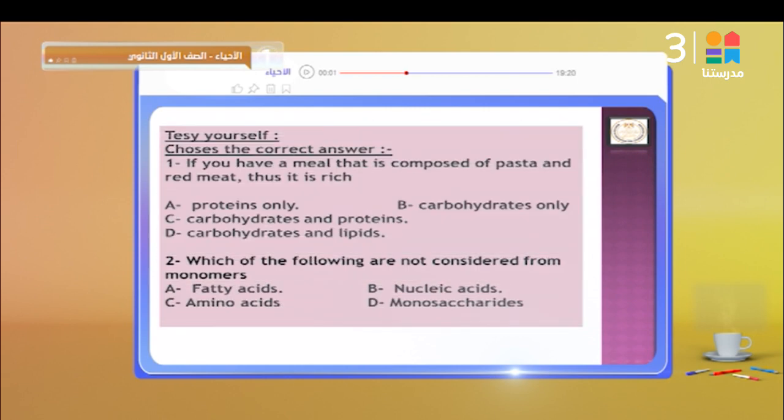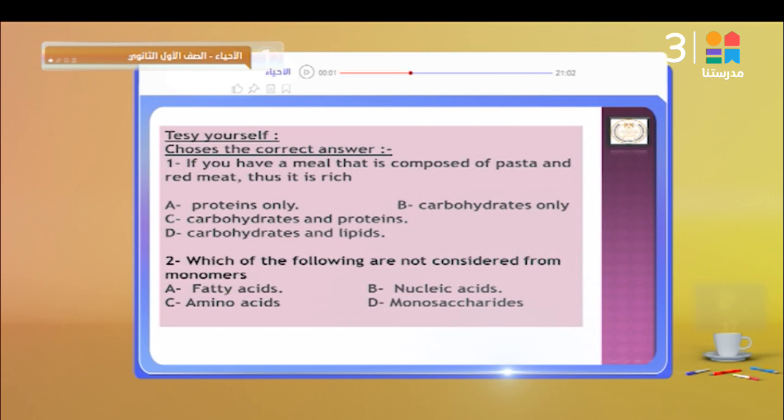Test yourself. I ask you a question to apply what you understood from the previous components. Choose the correct answer. If you have a meal composed of pasta and red meat, take it into consideration: pasta is carbohydrates, red meat is protein.